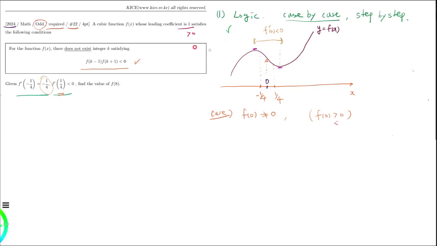By the way, on this problem, k plus 1 and k minus 1 are the endpoints of an interval whose length is 2.